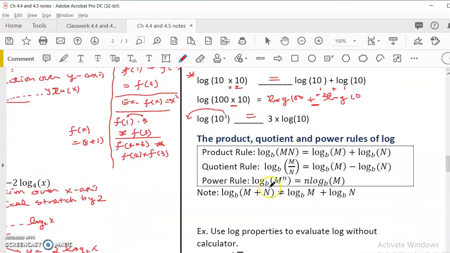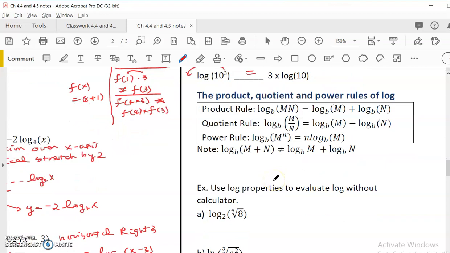Okay, so let's summarize the properties that we have gone over so far. If you have log base b, where this base can be anything greater than 0 and not 1, then log base b of m times n, so it has to be multiplied, you can split as log base b of m plus log base b of n.